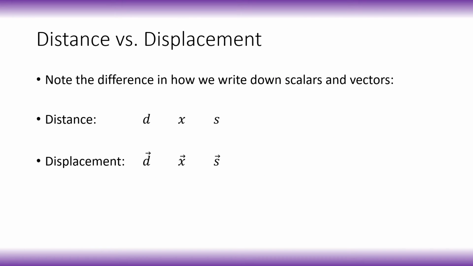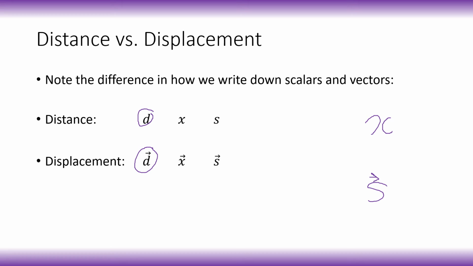As we talked about a moment ago, there's a difference in how we write distances and displacements, and it's just including that little arrow on top of the letter. Usually if you're writing a D for distance, you'll also write a D for displacement, but you'll use that arrow on top of it. You won't come across someone who writes their distance as X but their displacement as S with the arrow.